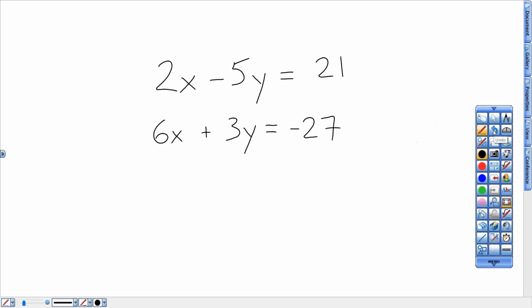All right, so for this method, what I'm trying to do is just combine these together and see if one of my variables cancels. But the way this is set up, nothing cancels because I get 8x here, and then this will give me -2y there, then this will give me -6, but that's not getting me anywhere. I want one of my variables to eliminate.